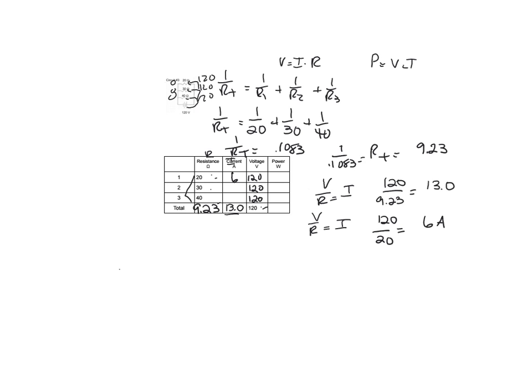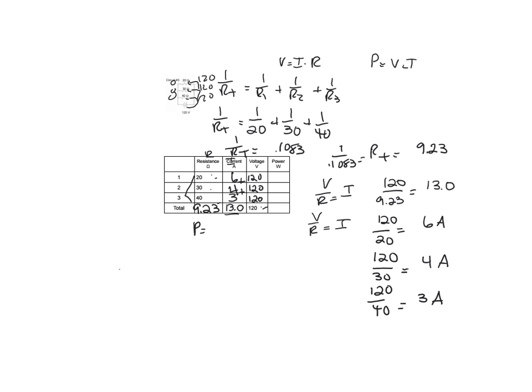And I did include the units at the top of the table, so that makes it a little easier to think about. 120 divided by 30 is going to give me 4 amps. 120 divided by 40 is going to give me 3 amps. And if I add these currents up, 6 plus 4 plus 3, I end up with the total current that I calculated earlier. So I know I didn't make a mistake.